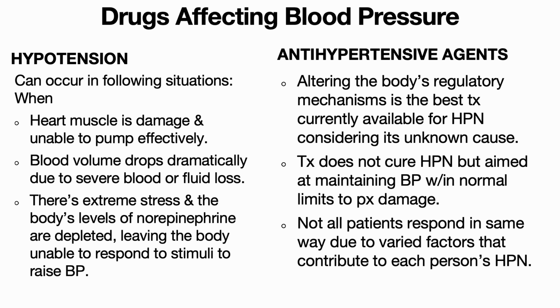So hypotension can occur in the following situations: when heart muscle is damaged and unable to pump effectively, when blood volume drops dramatically due to severe blood loss or fluid loss, when there's extreme stress, and when the body's levels of norepinephrine are depleted, leaving the body unable to respond to stimuli to raise the BP.